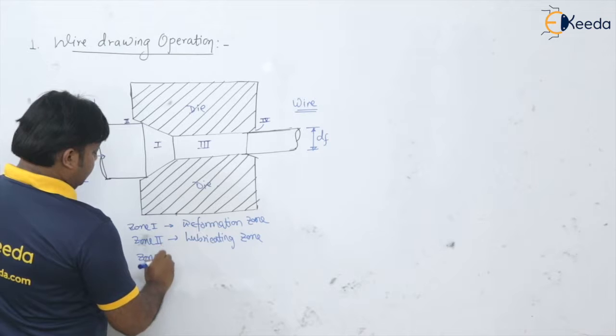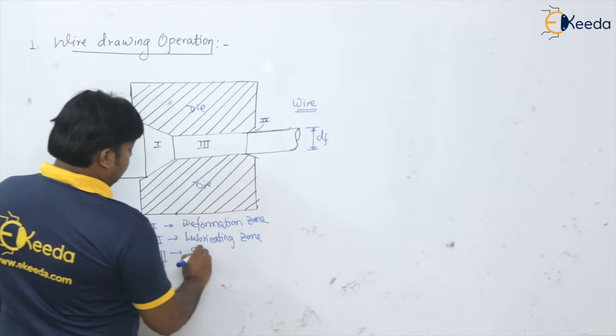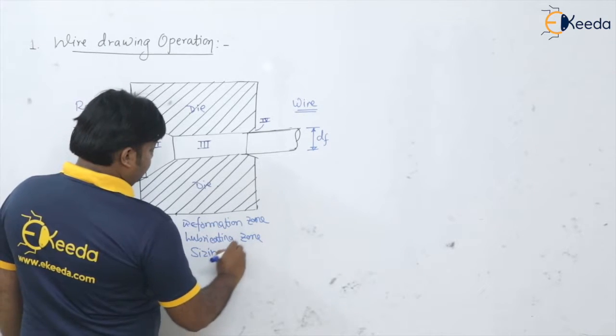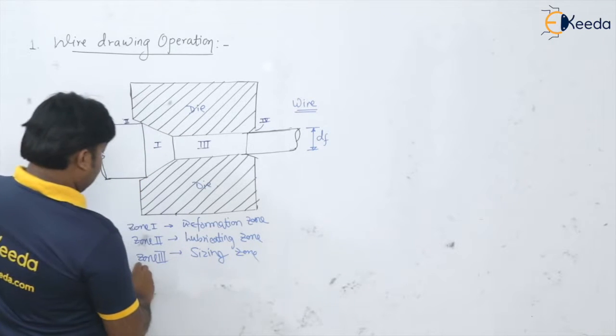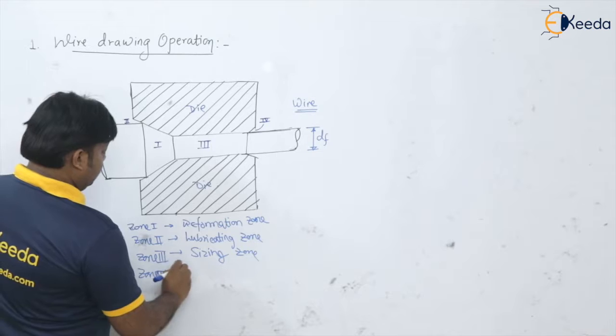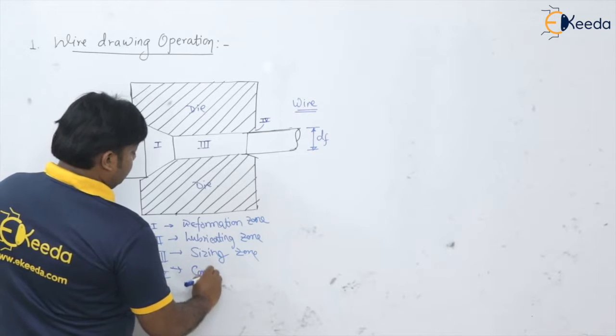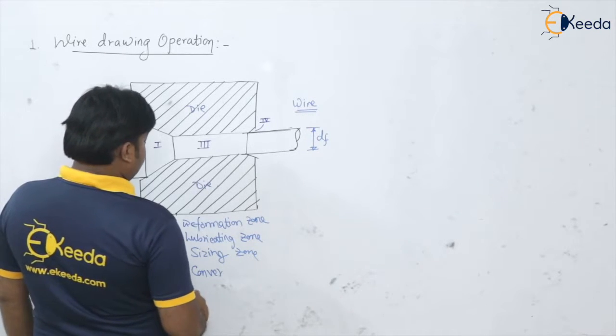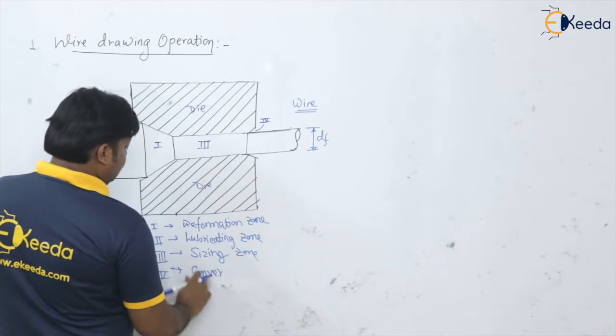Zone 3 is the sizing zone, and zone number 4 is our converging, sorry, it is a diverging zone.